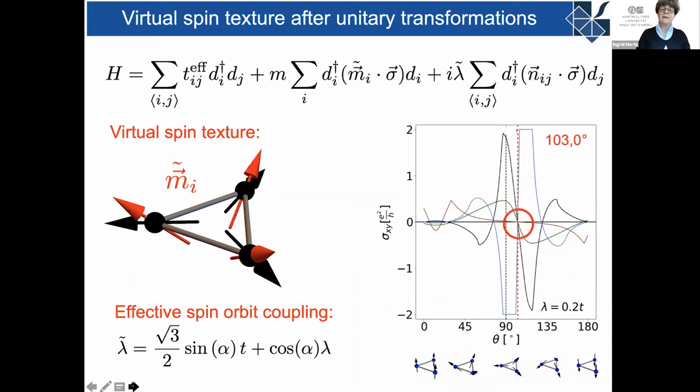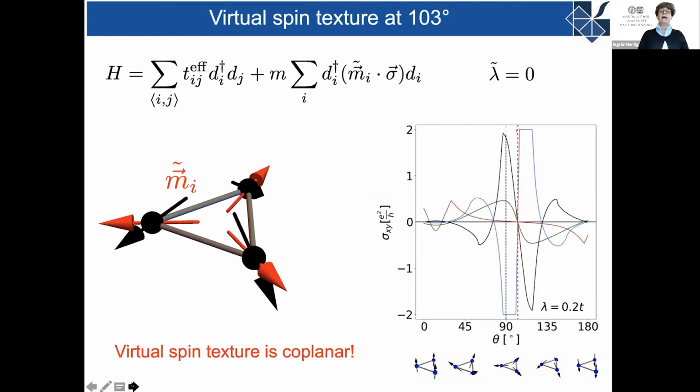This means that in this configuration for this angle, 103 degrees, the virtual spin texture is now coplanar. We restored the symmetry, the time reversal times mirror symmetry, for the virtual spin texture, and as a consequence, we do not observe any anomalous Hall effect in the system.